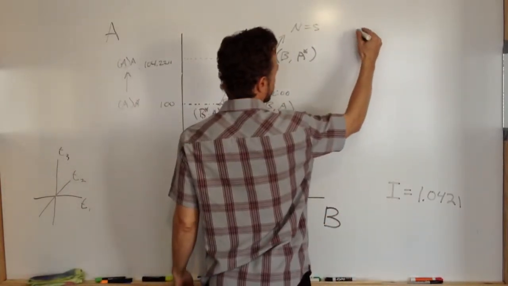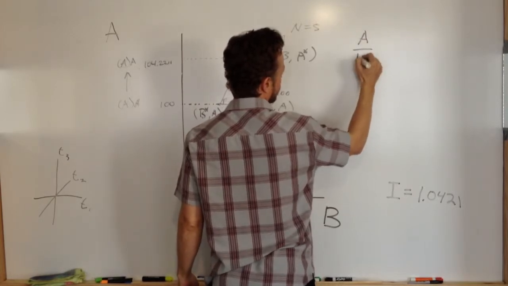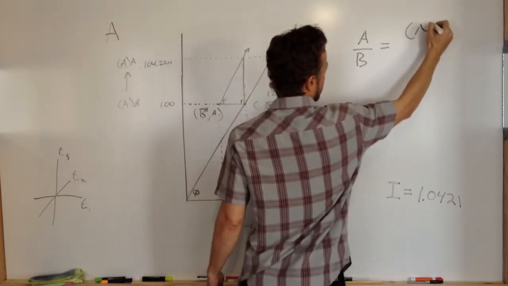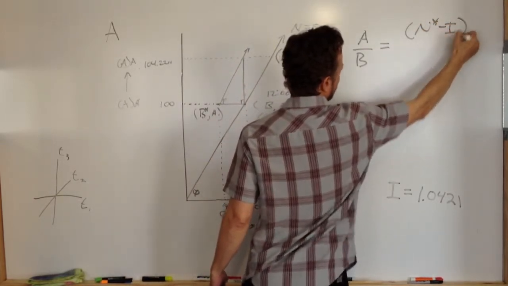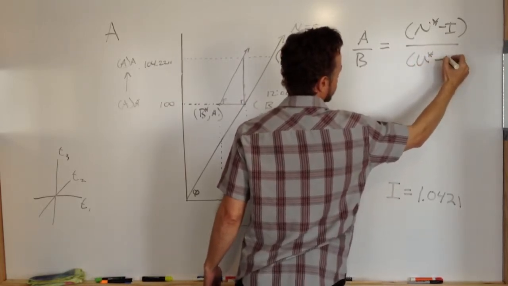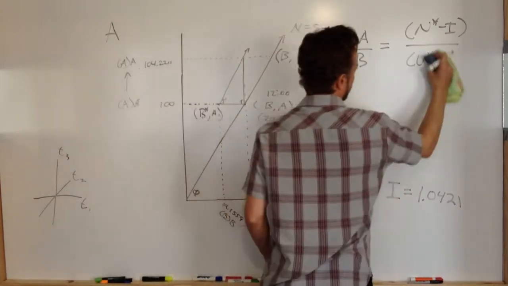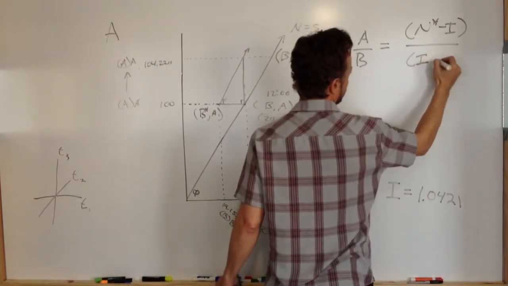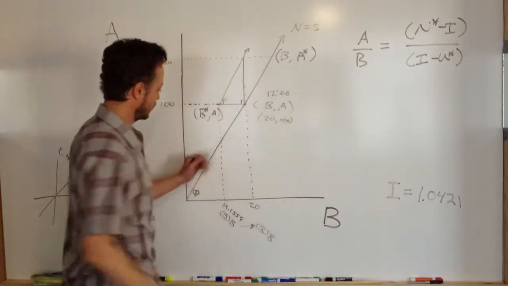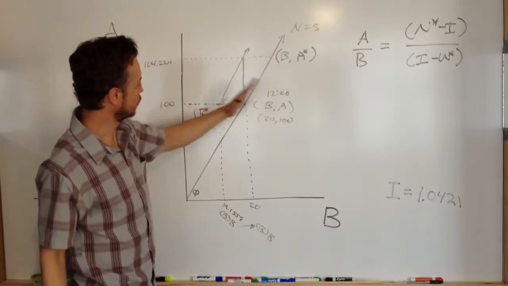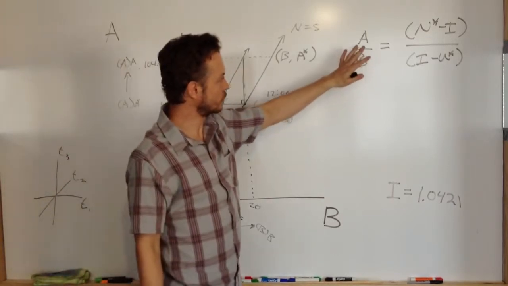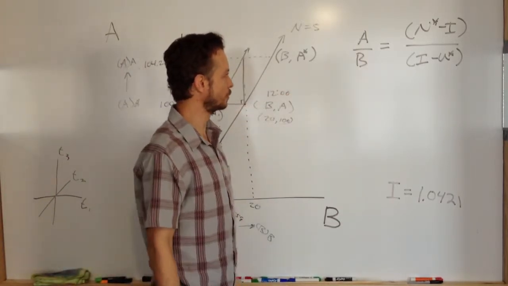If you take the ratio A over B, you'll find that equals the ratio of n star minus I over I minus u star. So again, what that means is this slope angle is equivalent to this slope angle. This is very important. This comes up later.